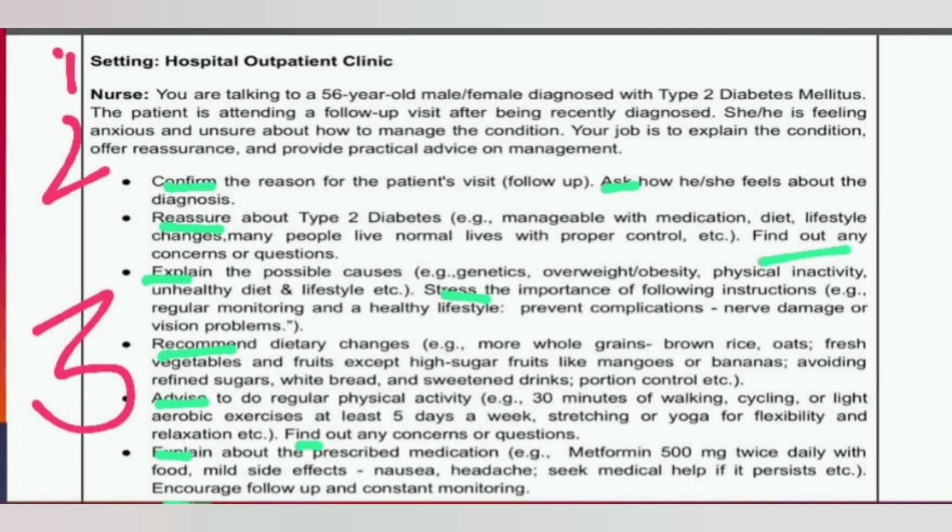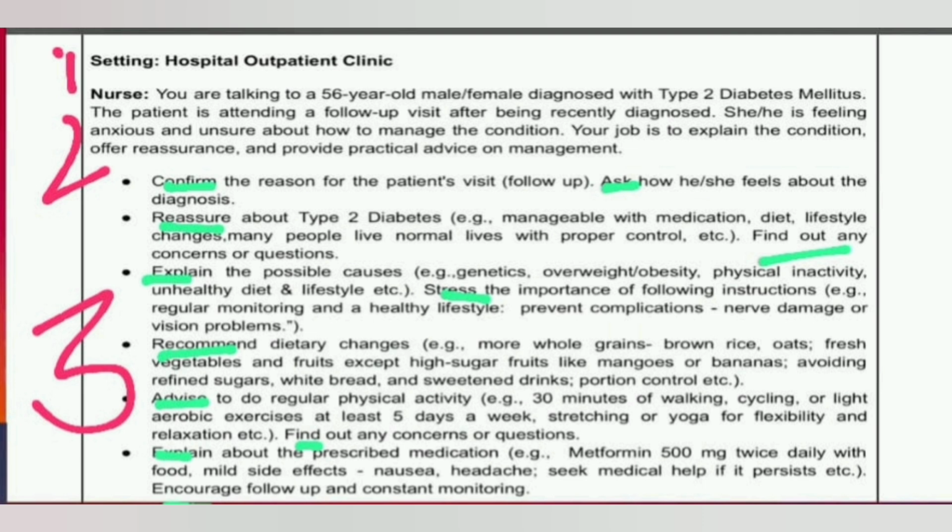So after that, the next question is to ask how he or she feels about the diagnosis. So as a nurse, we can also say, Mrs. Elizabeth, you have been diagnosed with diabetes mellitus. How are you feeling now about your condition? And according to the question, the patient will reply worried and anxious regarding the diabetes mellitus.